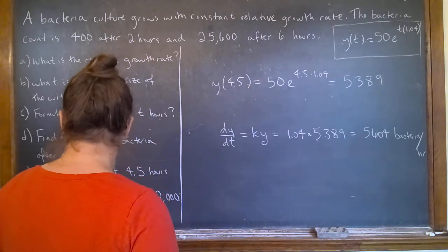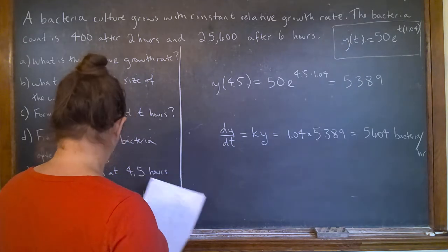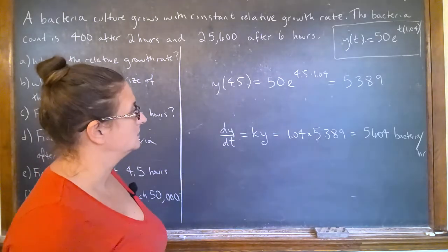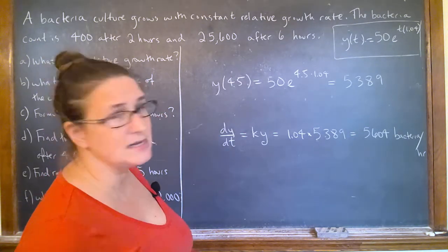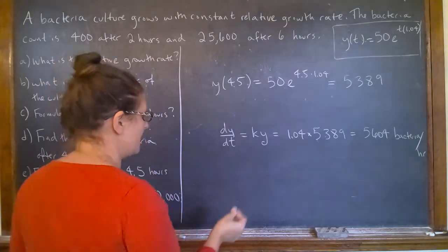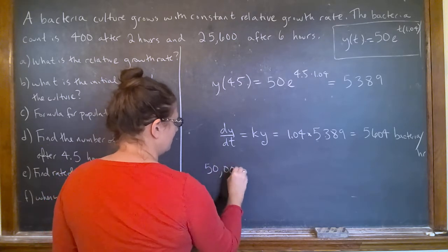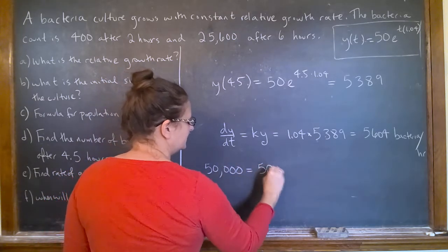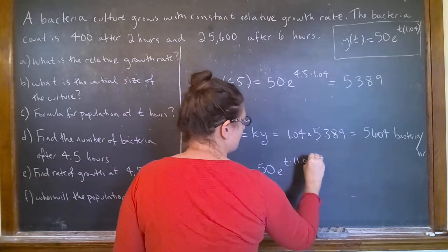So, last question, when will the population reach 50,000? For 50,000, we're going to solve for the t that gives us y equals 50,000. So I'm just going to put it in there. 50,000 is 50 e to the t times 1.04.